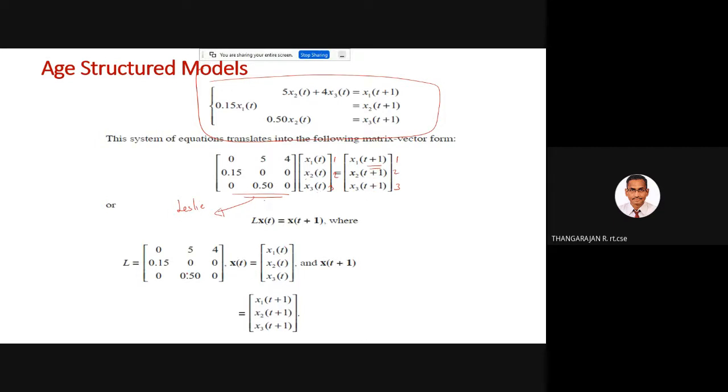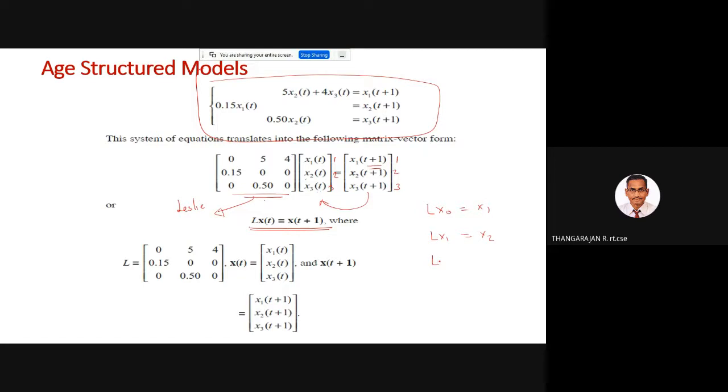Like this, you can use this to get time t equal to 2. Then again you can resubstitute again and again, because this is a recurrent equation. First time you use x0, you get x1. Next time you use x1, you get x2.